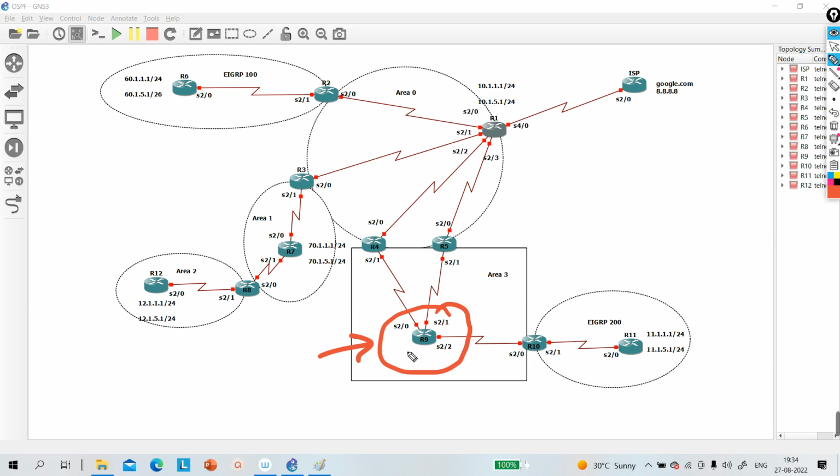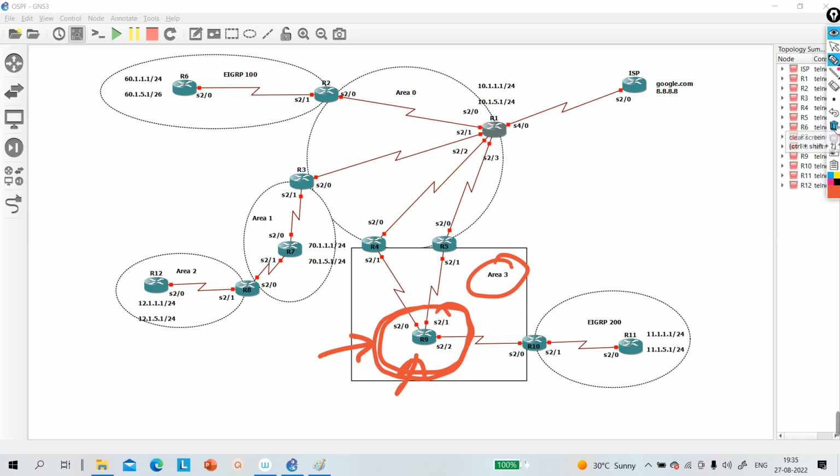So you have to filter the database of router 9, or you have to filter the routing table of router 9. You have to reduce the routing table of router 9, right? So for that scenario we have the area concept. With the help of the area concept we can filter the LSAs of router 9 in area 3.